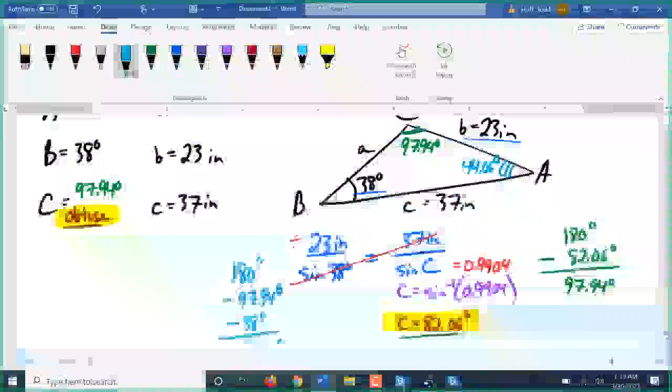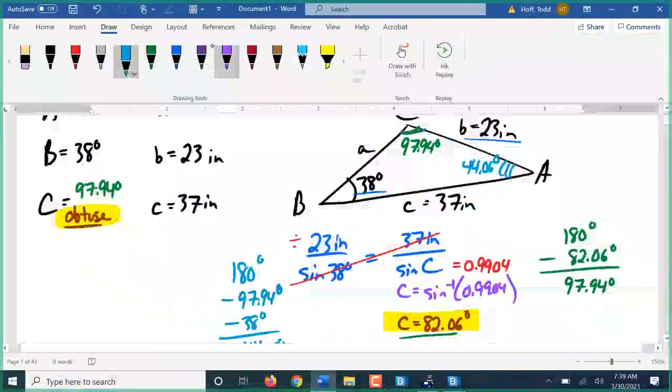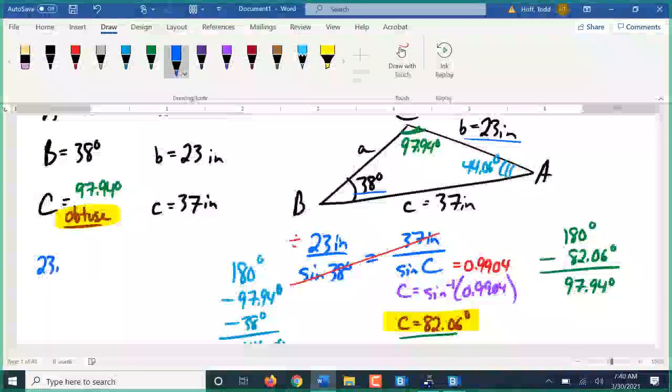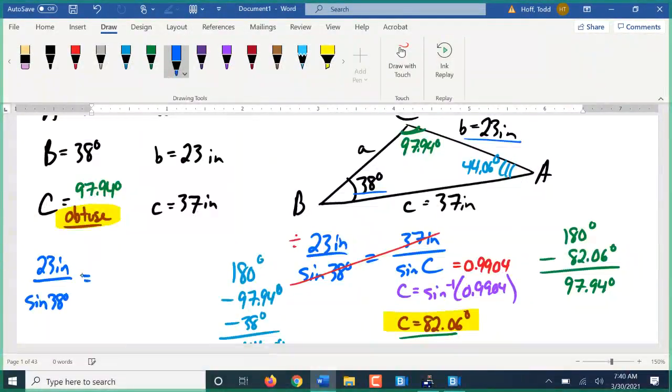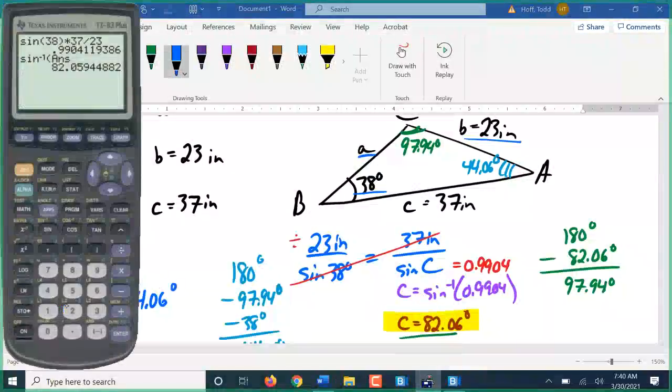We have our 23 over the sine of 38 again, equals little a over the sine of that opposite angle, which is the 44.06 degrees that we found. And we'll cross multiply and divide.